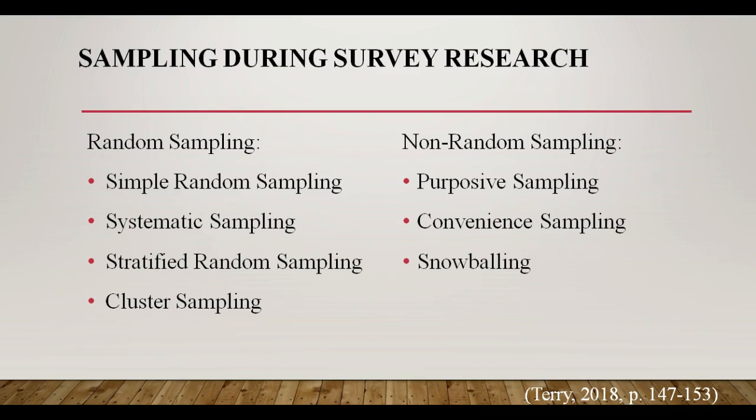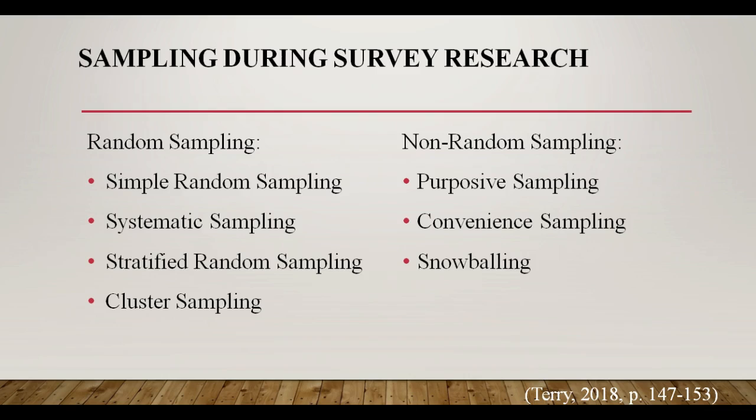Stratified random sampling is when a specific group is selected from a larger population, and then a random sample is chosen from that group. For example, if you were surveying nursing students as an entire group, then you would select a smaller group in the stratified random sample of specifically only first-year nursing students from the larger group of nursing students.